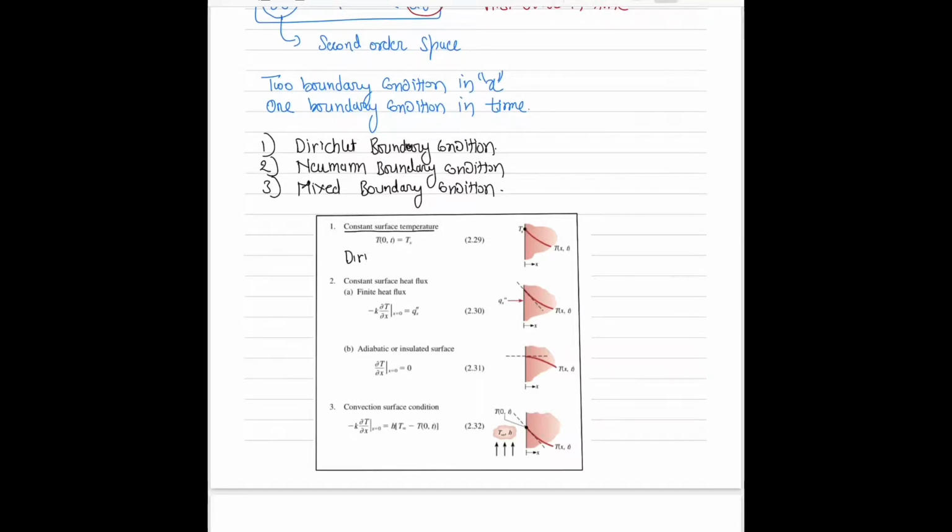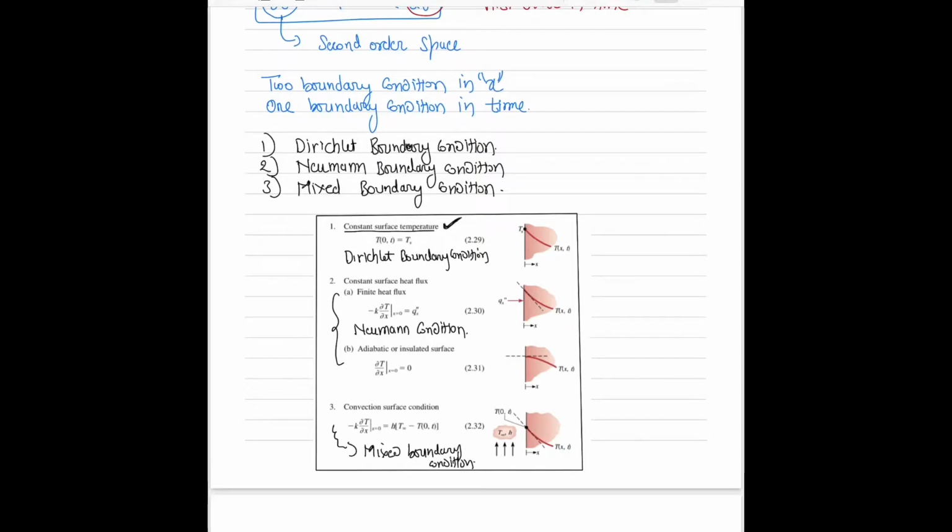The first one, constant surface temperature, is our Dirichlet boundary condition, the second one is our Neumann condition, and the third one is our mixed boundary condition.